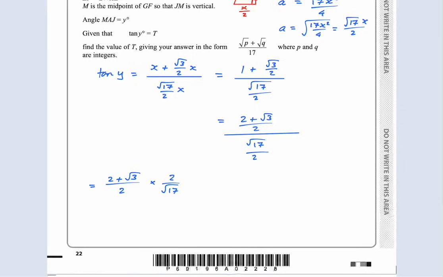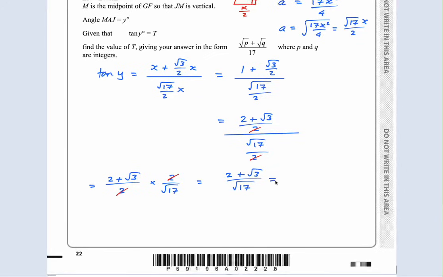The 2's cancel there and there. Now you could at this stage, guys, just cancel these 2's. That's allowed, but just to be clear why you're doing that, it's because of this. And this gives us, we are nearly there now, 2 plus root 3 over root 17, but he doesn't want it in this form, he wants it in this form.